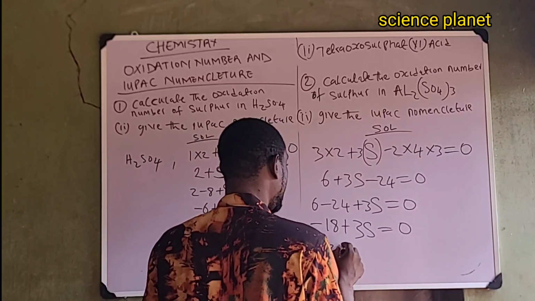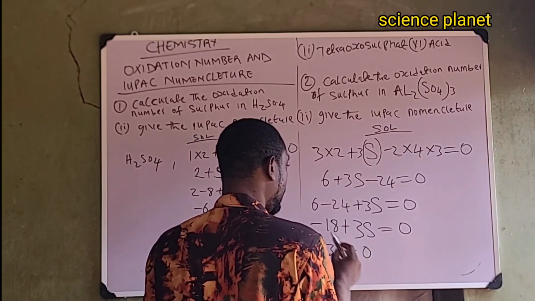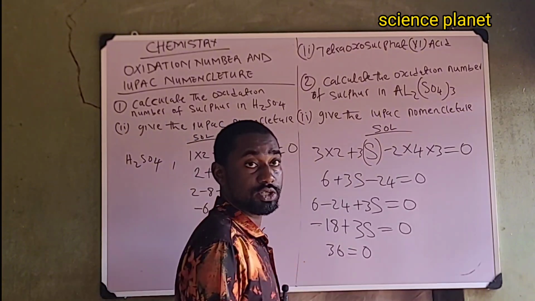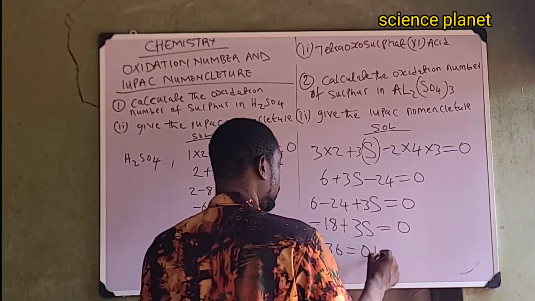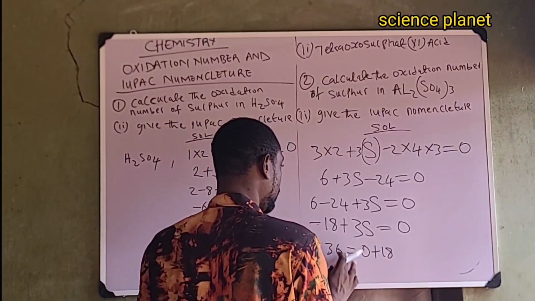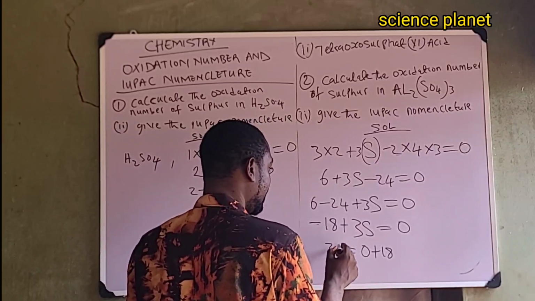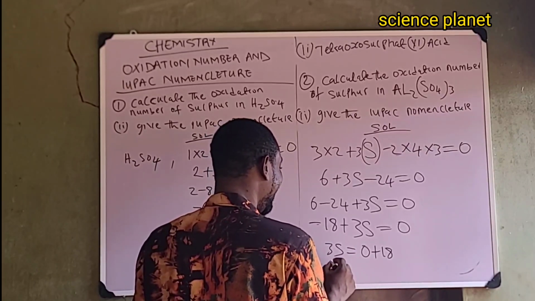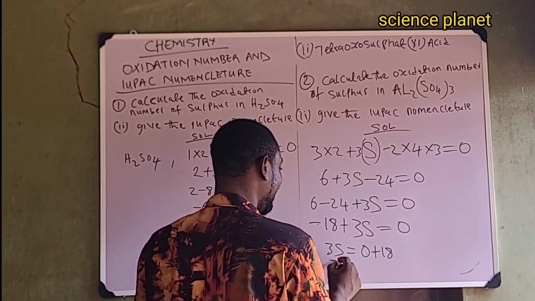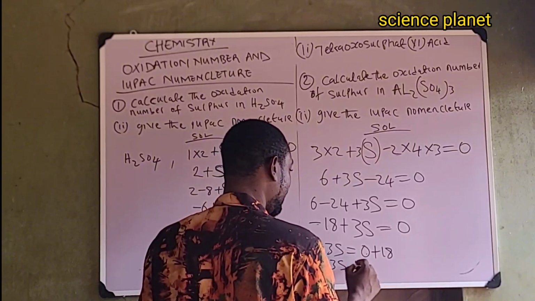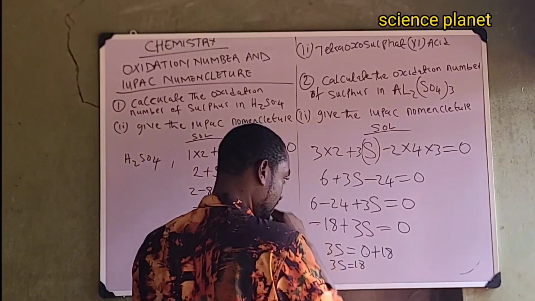We collect like terms, because minus 18 and 3s are not like terms. So minus 18 crosses over the equal sign, meeting 0, so 3s equals 0 plus 18.